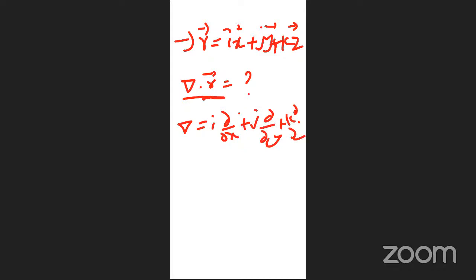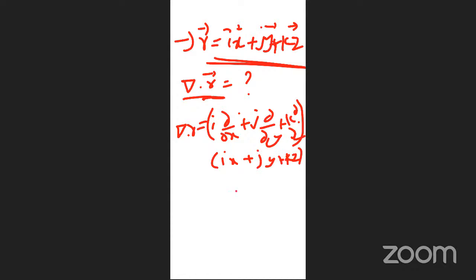What is r? The position vector, ix plus jy plus kz. So what is del dot r? Del dot r, where r means ix plus jy plus kz.